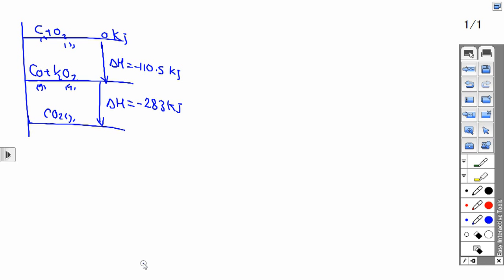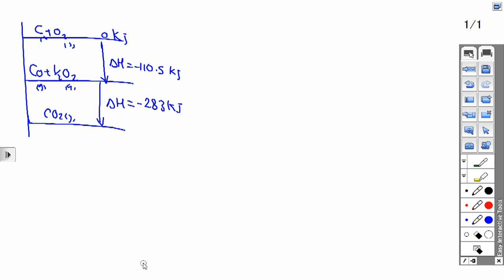The sum, this part, because this part represents the energy released when carbon reacts with oxygen to produce carbon dioxide, plus carbon monoxide plus half O2. If this is the reaction, then this is delta H.